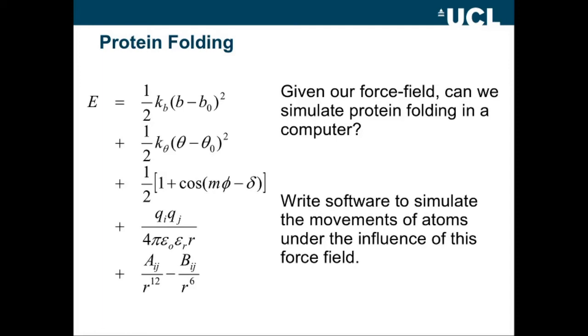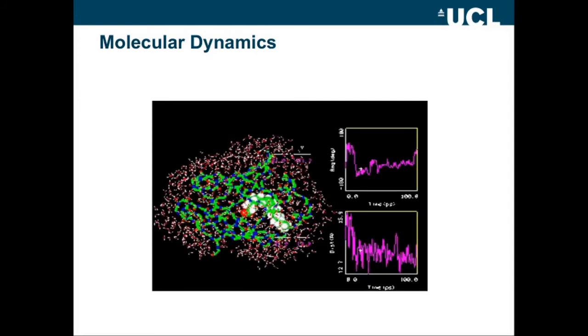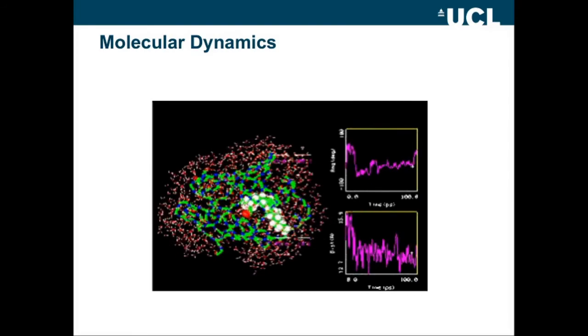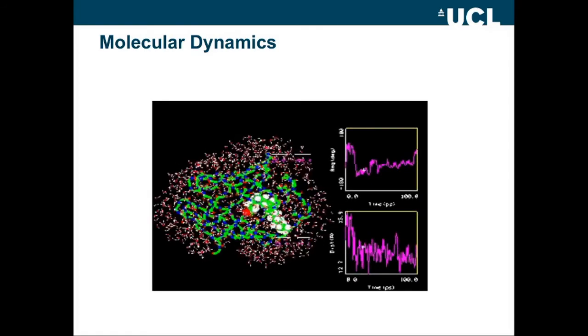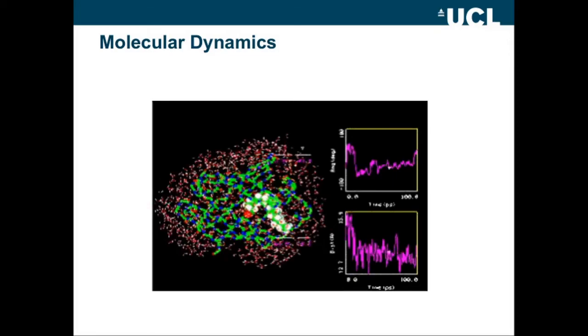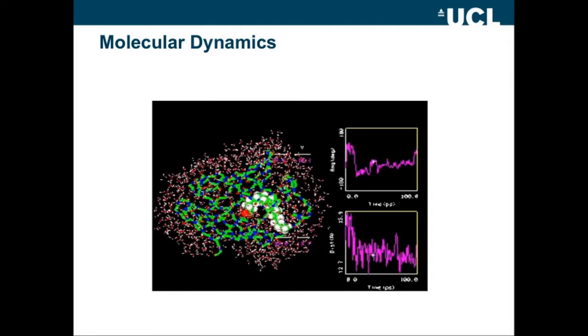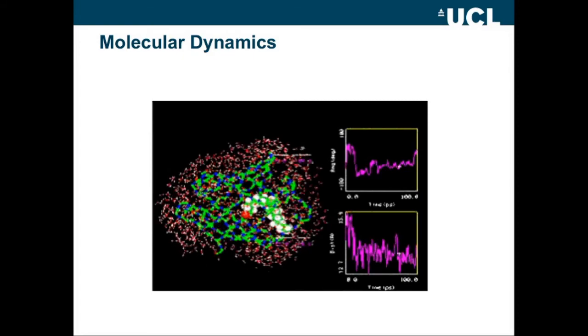Well, we can write software to simulate the movements of atoms under the influence of this force field, and that's what we do, as I described in the last lecture, with molecular dynamics and energy minimization. This is the example that I showed you before of molecular dynamics, of atoms moving under that sort of set of forces. But it doesn't work for protein folding.